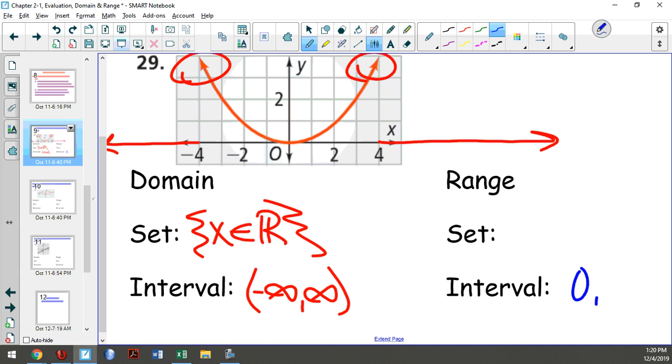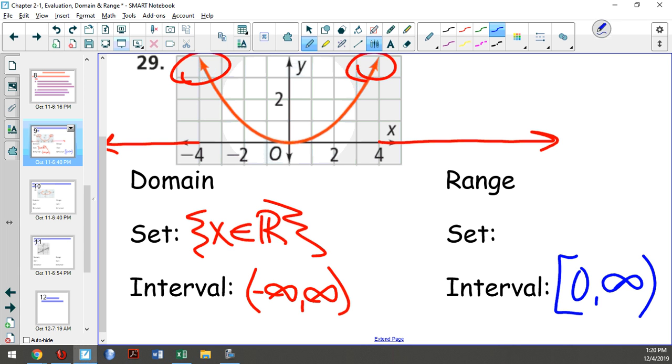I never stop running into it because it's going to go on forever and ever and ever and ever, so that's going to go all the way to infinity. Now here's my question. I know infinity has a parenthesis, but what about 0? Does it have a parenthesis or a bracket? Can it be 0? Yes, so I have a bracket. Do we understand that? Yes?